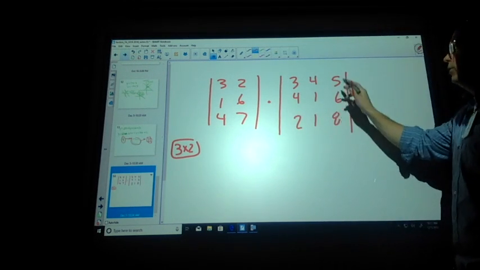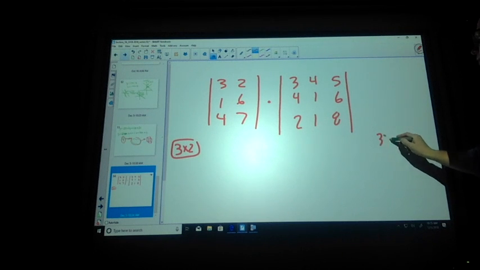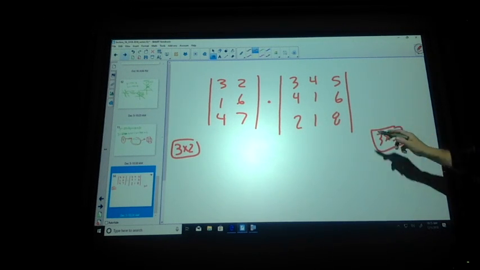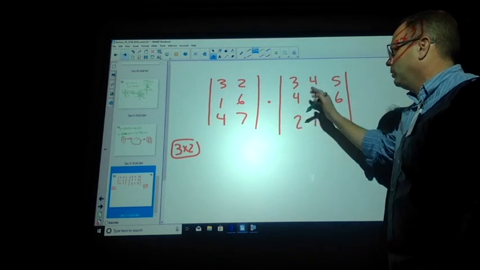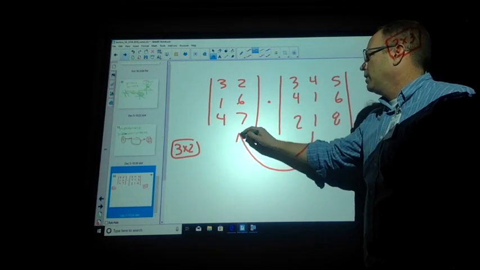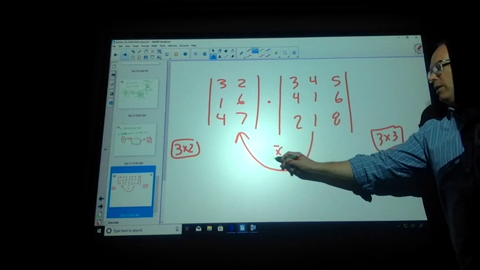Okay, 3 rows, 3 columns. You still with me? So this is a 3 by 3 matrix. And if I multiply these together, I can multiply one way but not the other. So I can't multiply this one times this one. I have to multiply this one times this one in that direction.